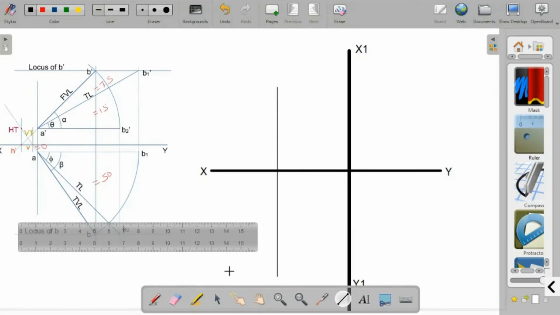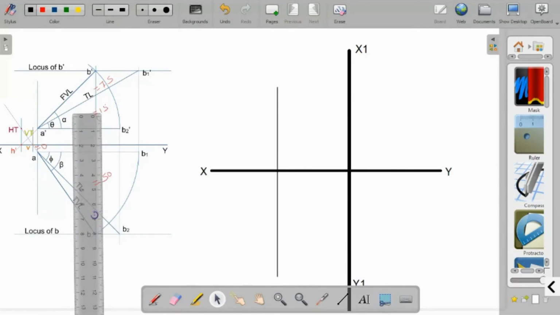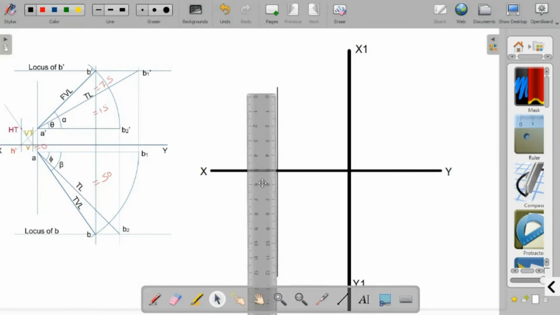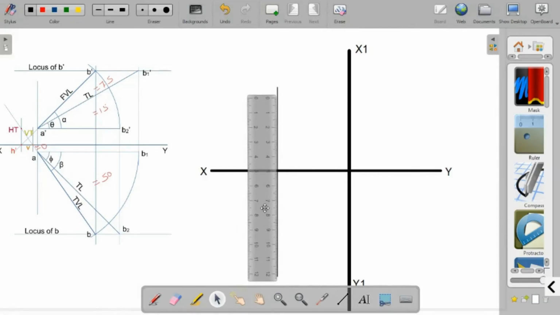This is the projector for A dash as well as A dash, B dash, etc. Now in this one we have to mark the distances. 15 millimeter.